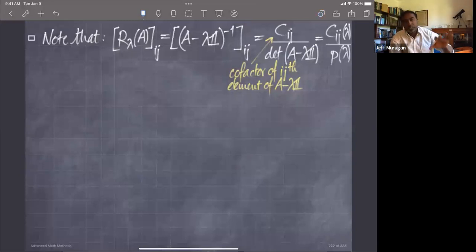So both Cij and P are polynomials in lambda, which means that their ratio, the resolvent, can only be a rational function of lambda. In other words, the only singularities that the resolvent is going to have are poles. Is the argument clear?